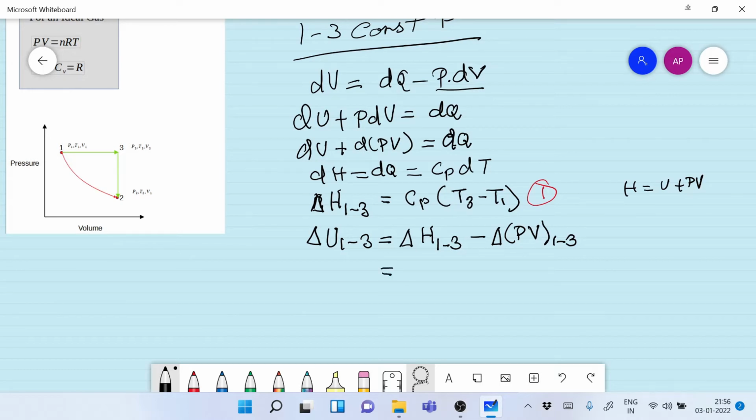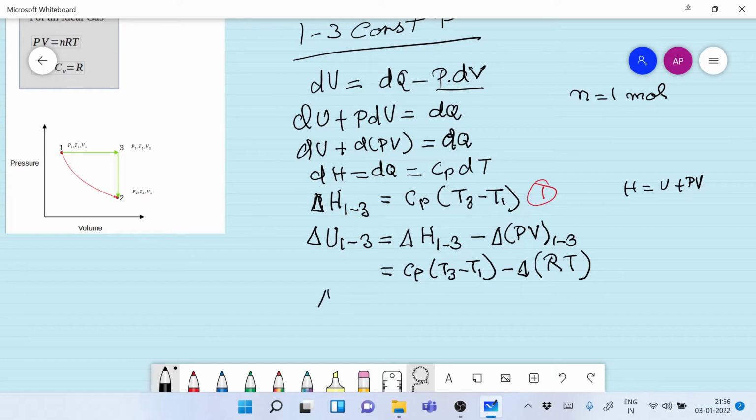Therefore, we can write this as Cp (T3 minus T1) minus delta P V, and for an ideal gas PV is nothing but RT. I need to mention here that n is taken as 1 mole, so we can drop n.